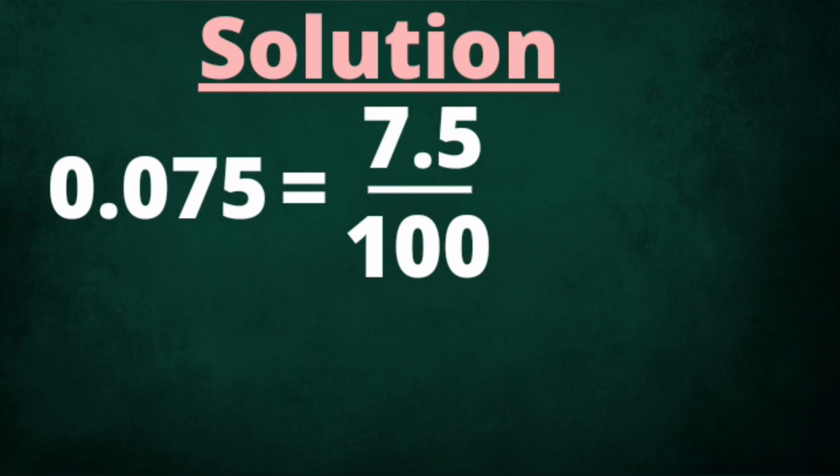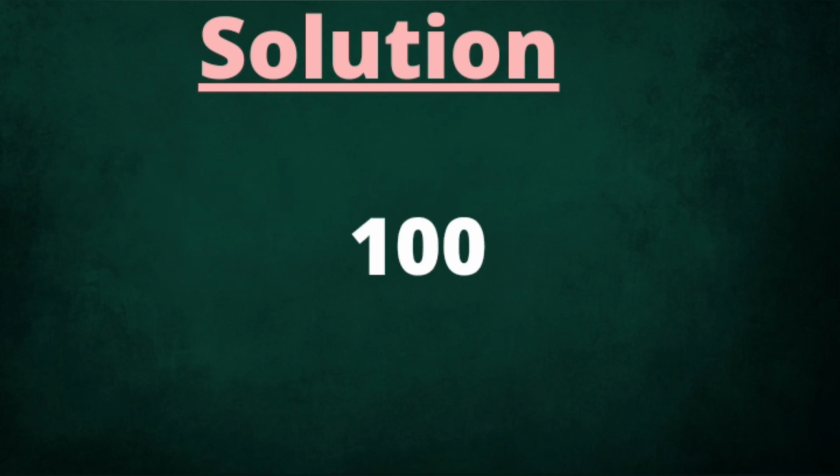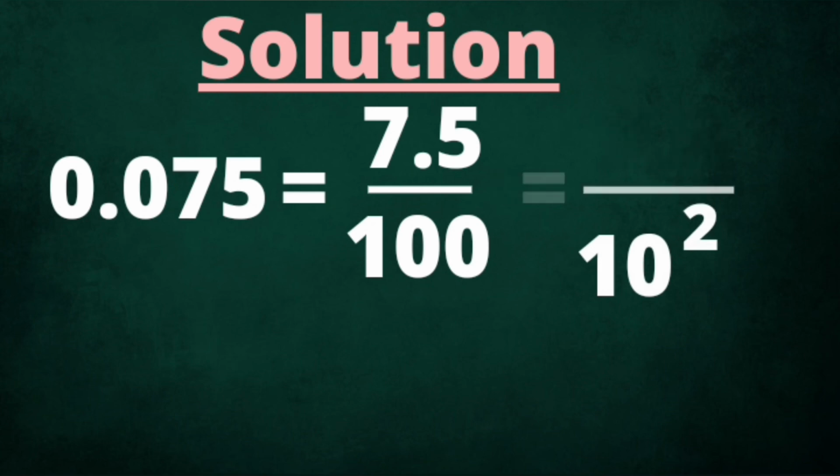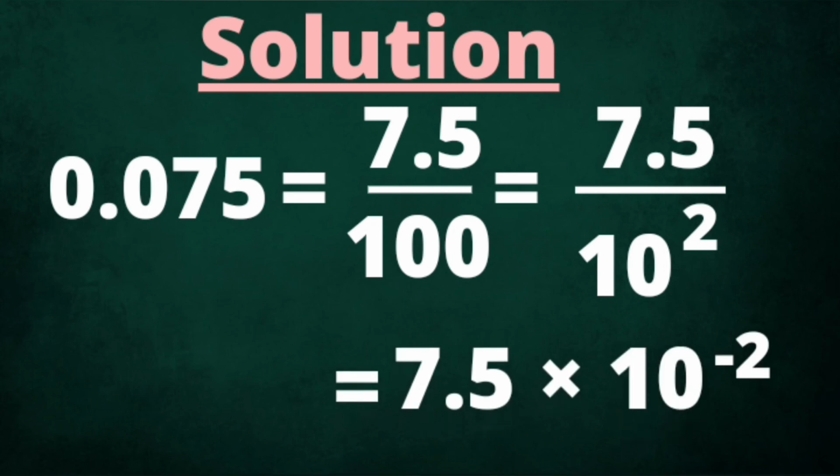In short, 100 can be written as 10 raised to power 2, so we would have 7.5 over 10 raised to power 2. To write this in standard form, we'll pick the numerator, which is 7.5, and then multiply it by 10 raised to power minus 2. So we'll have 7.5 times 10 raised to power minus 2 as the required answer.